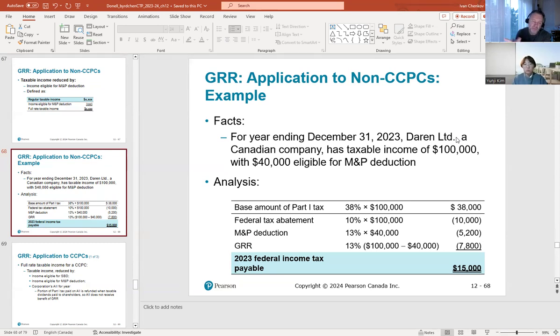No, actually, that's not the small business deduction, my bad. This is the general rate reduction. So you see, technically on the entire 100,000 amount you're applying the 13%. But 13% comes with manufacturing and processing, the other 13% comes with the general rate reduction. But regardless, you're getting 13,000.